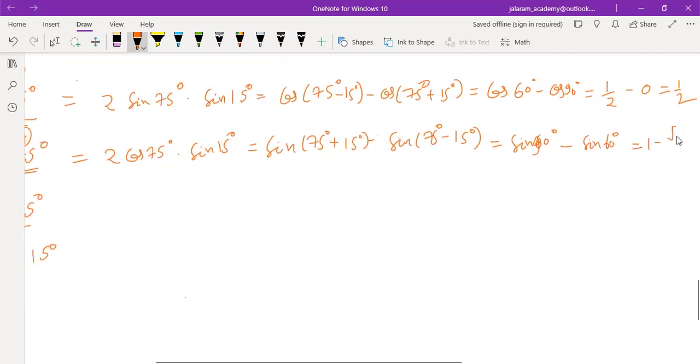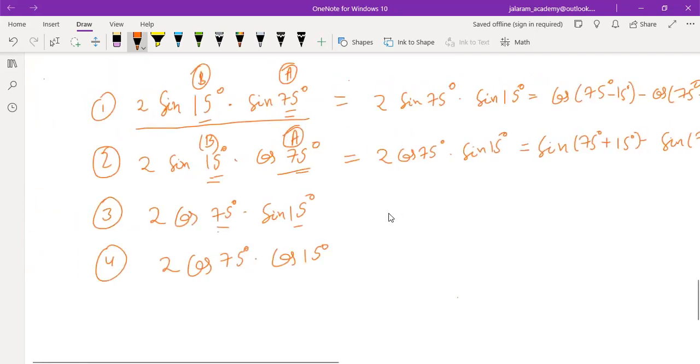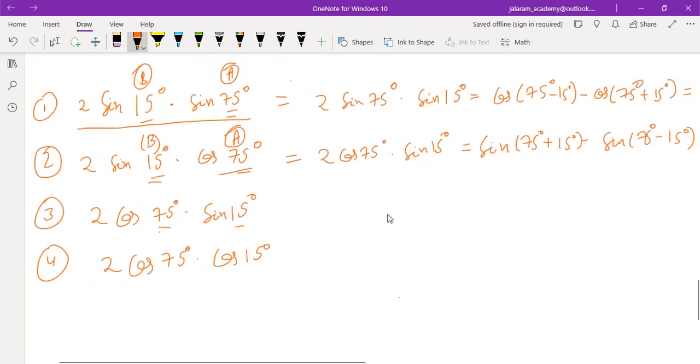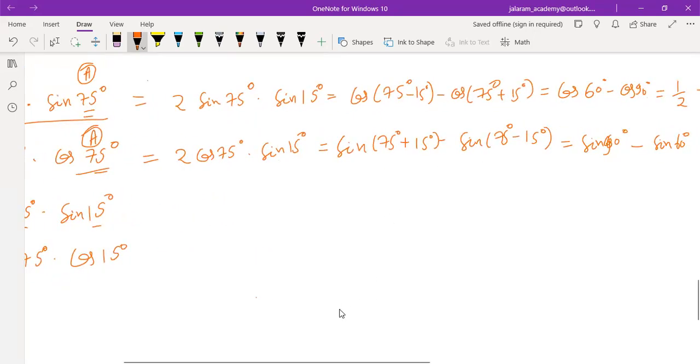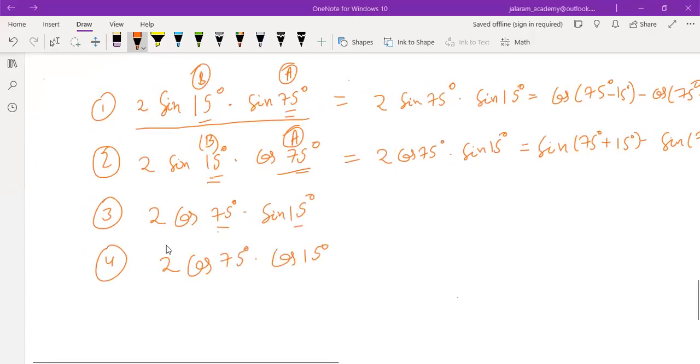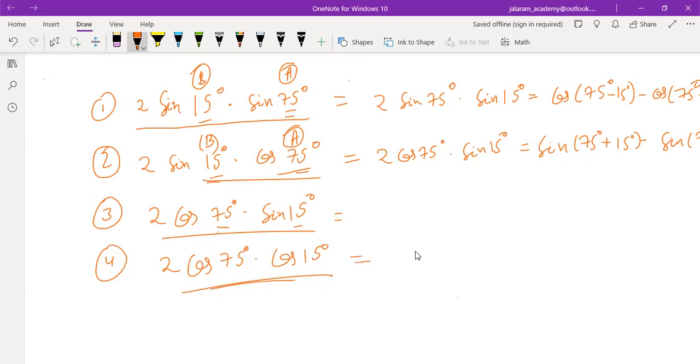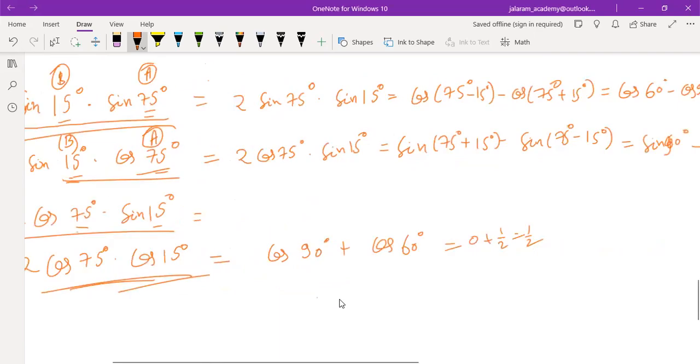So it is 1 minus root 3 by 2. Similarly, you can solve these two questions also. 2 cos A sin B is already there, so it is the same question. And for 2 cos A cos B, we get cos A plus B plus cos A minus B, 0 plus half, so the answer will be half. Means 2 cos A cos B and 2 sin A sin B both produce the same answer.